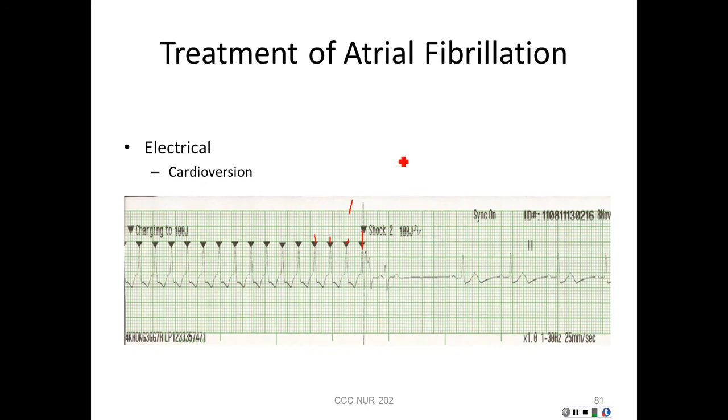So there's usually a slight delay between when you push the button and when the patient is shocked. One of the things I always have to make sure of when you're doing that is that the sync button is on, and we'll talk about some of this with the simulations later. But basically, this is electrocardioversion.